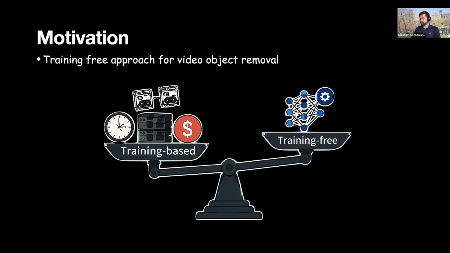Hence we try to answer a question: can we do it in a training free manner? Since these video generation models have been trained on enormous data, we assume that they have an understanding of the world. So our hypothesis of this project was that they have this understanding, and we just have to bring it up explicitly and use them to remove objects in the video.